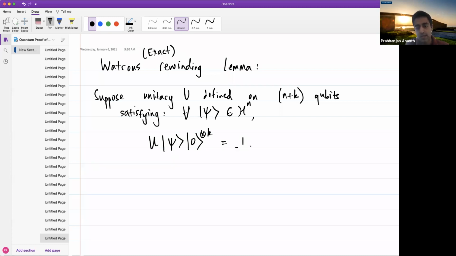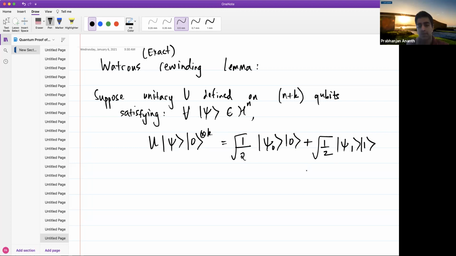You get something of the form 1 over square root 2 psi 0, 0 plus square root 1 over 2, 1. Even in the exact version, it need not be half. As long as it's any constant, it's fine. But for now, let's say it's exactly half.